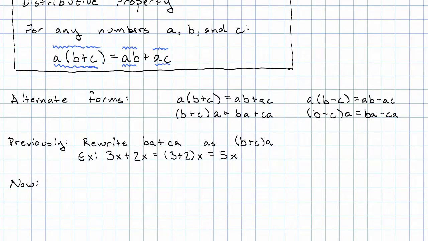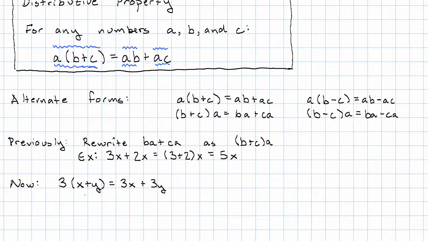Now, we're going to use the distributive property the other way round to rewrite 3 times (x plus y) as 3x plus 3y.